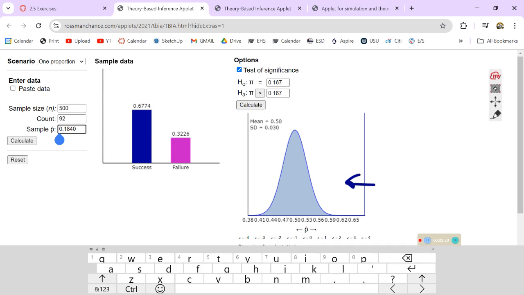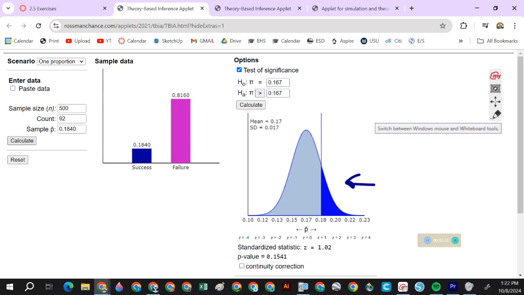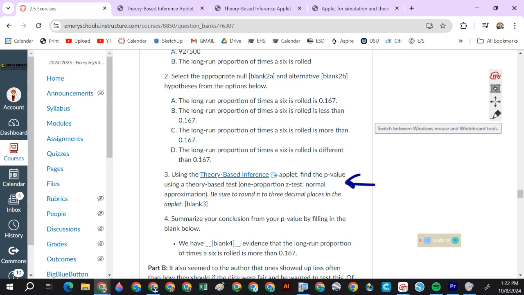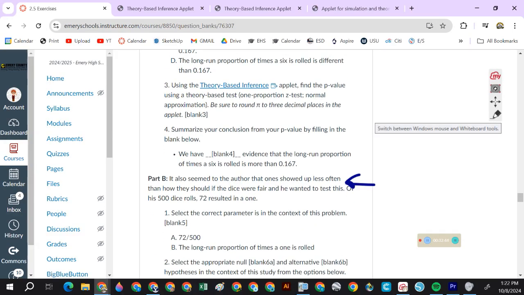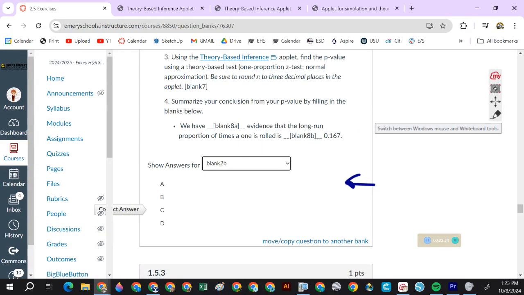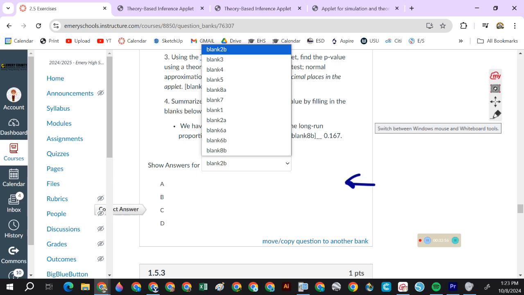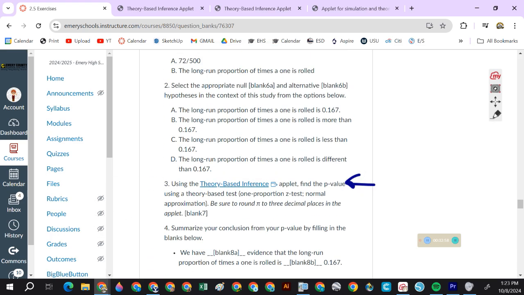These two calculate each other. If we calculate that, we get a p-value of 0.15. So going back here, we have little to no evidence that the long run proportion of times the sixes rolled is more than 0.167.